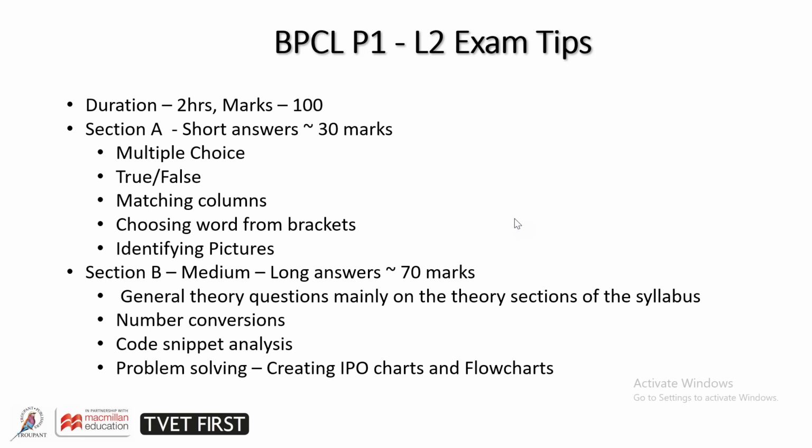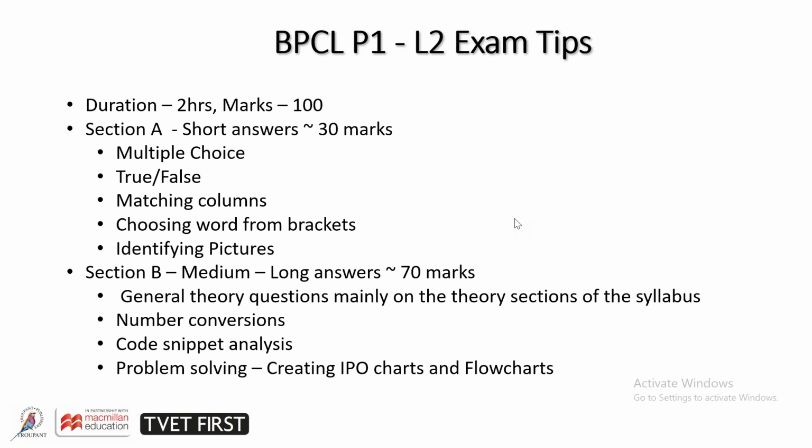Yes. So in terms of our theory paper, we generally break it down into 2 sections. That's what it looks like. So section A is usually your short answer questions, which could be approximately 30, 35 marks. We are approximating here.